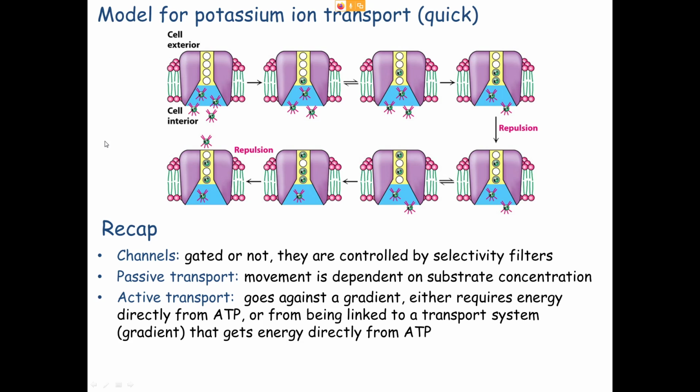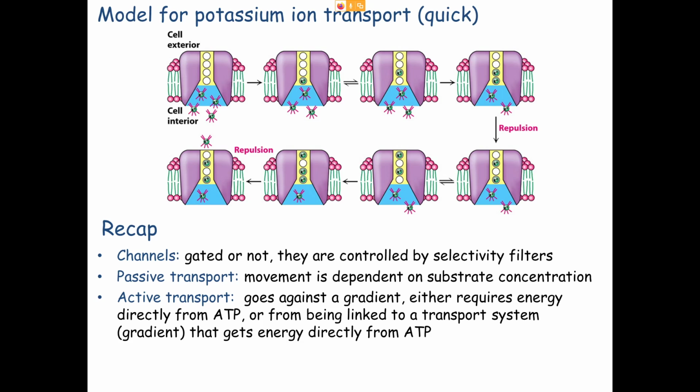Okay, so to recap, we have channels that are gated, some are not gated. They can be selected by photons to open, or ligands binding to open, or a small molecule inside the cell binding. We can have passive transport, which is downhill, and it could occur with or without the help of something. It could be simple or could be facilitated by a carrier or a channel.